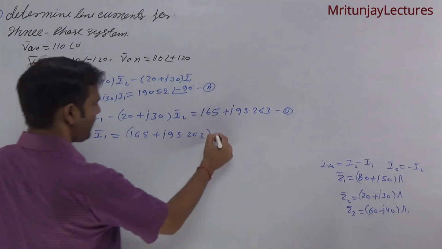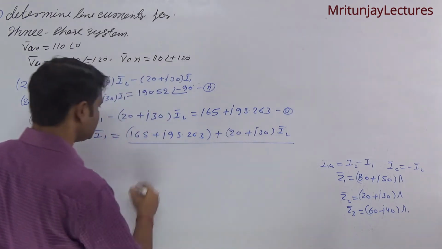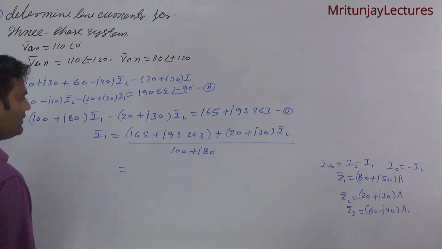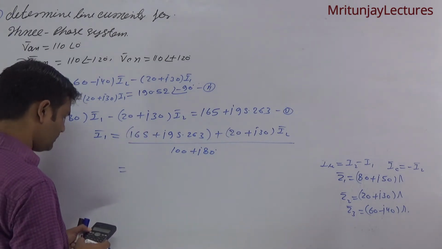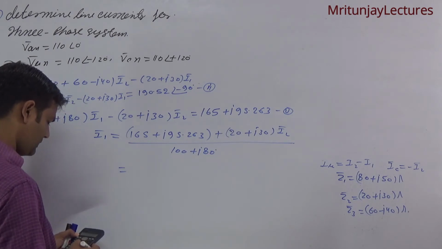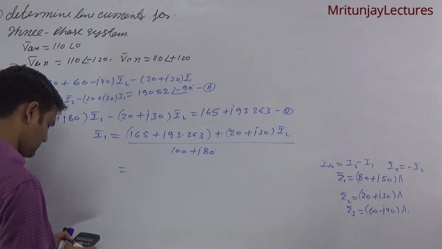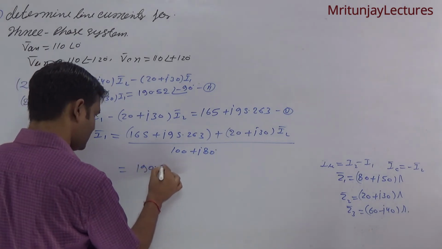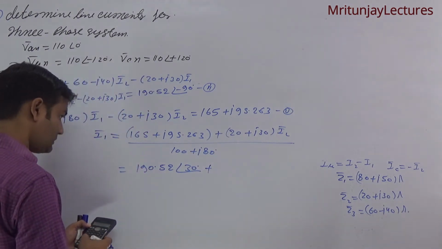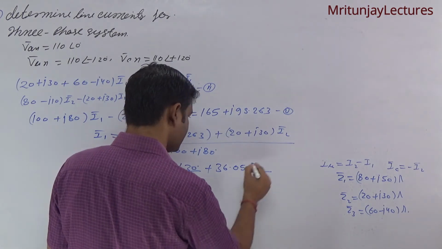First of all, all converted into polar form: 165 plus 95.263j, if converted, that is 190.52 at the angle 30 degree, plus 20 plus 30j, if converted, then we got 36.05 at the angle 56.3.